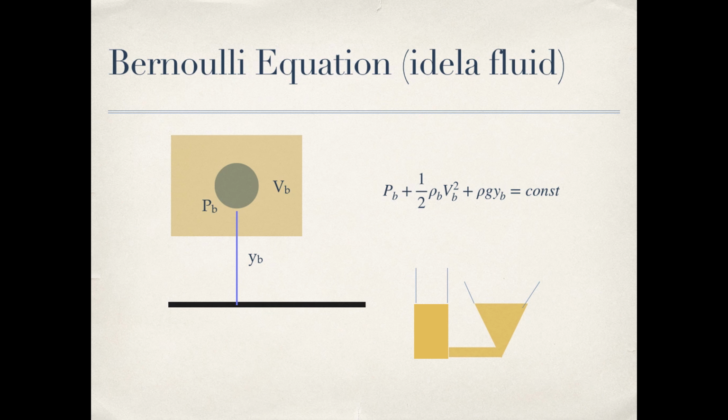Then the potential energy per unit volume is rho times gravity times this height. This unit of mass moves with the velocity v, so the kinetic energy per unit volume is one half of the density times the velocity squared.